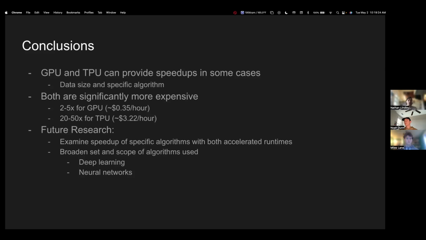And then finally, some future research that we propose is expanding the set and the scope of the algorithms, just to look into more deep learning neural networks and other things that would lend themselves better to GPUs and TPUs. In addition, possibly seeing how using larger chunks, maybe 1 or 2 gigabytes, could affect the runtimes of the instances.